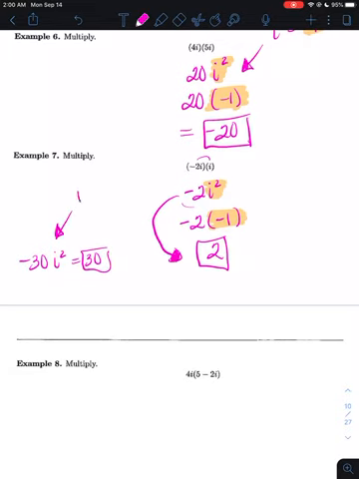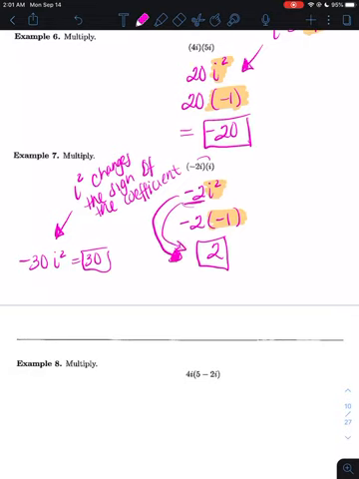So i squared changes the sign of the coefficient, the number in front of it. If you notice here, we had a -2i squared, but my final answer I just get a 2.